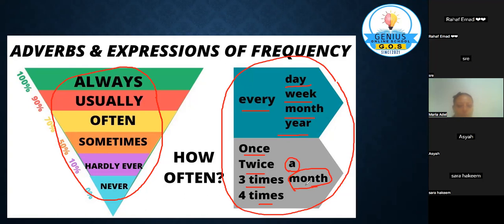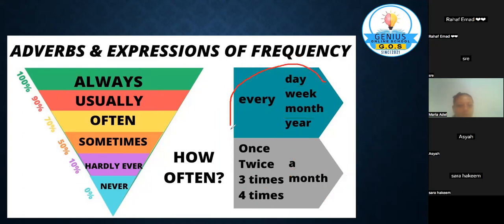You can change this word, but we never change a. Here it's not an article, it's like a preposition. So all of these frequency expressions come at the end of the sentence. You get it? Is there any question? At the end only? Yeah. Okay.